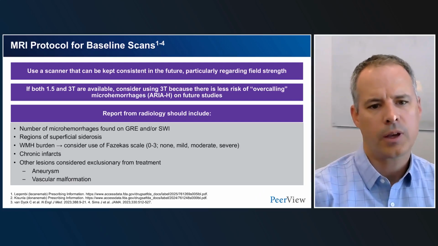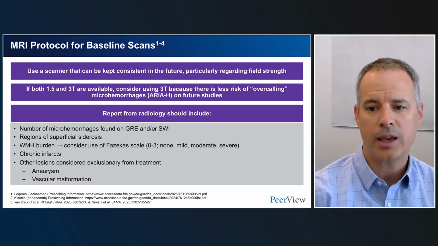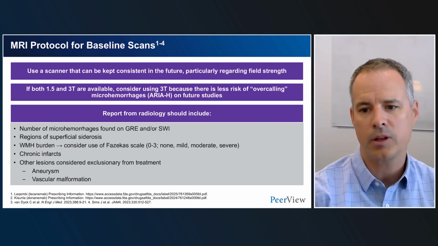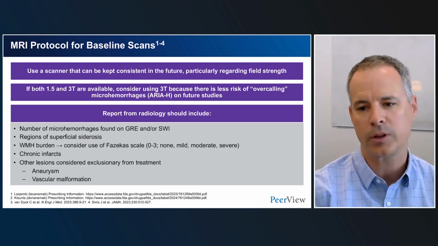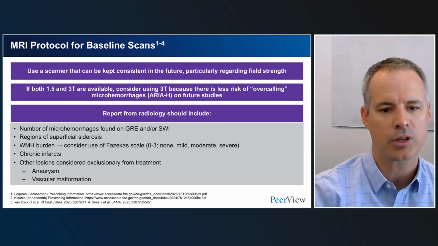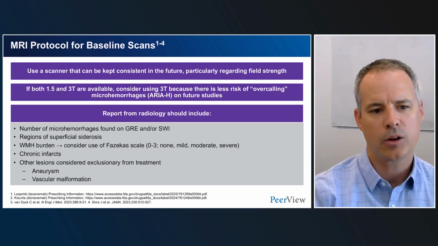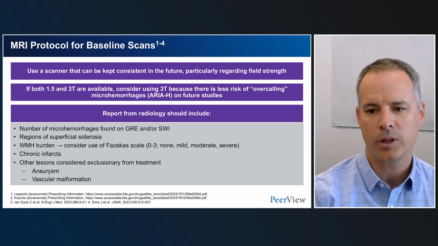So there's a few things to consider when you get the baseline scan. The baseline scan needs to be done within a year of treatment initiation, and preferably as close to the beginning of treatment initiation as possible. Being consistent about the imaging is really important, and getting a high quality first image.